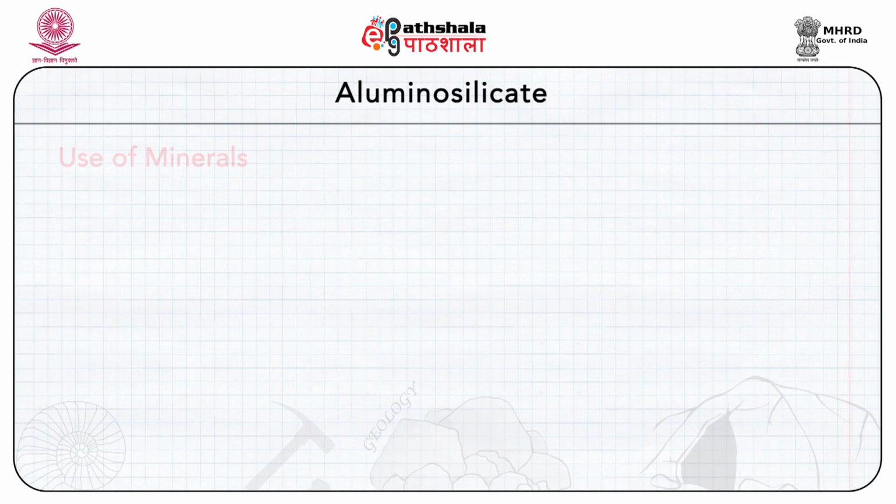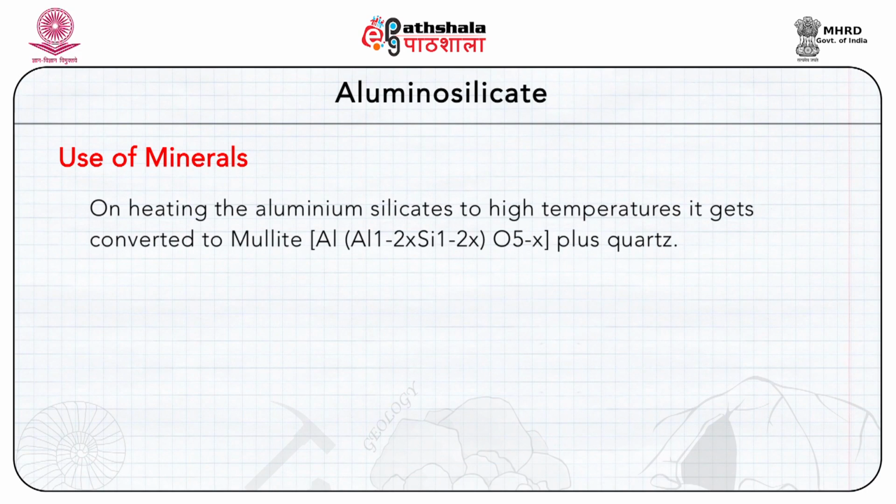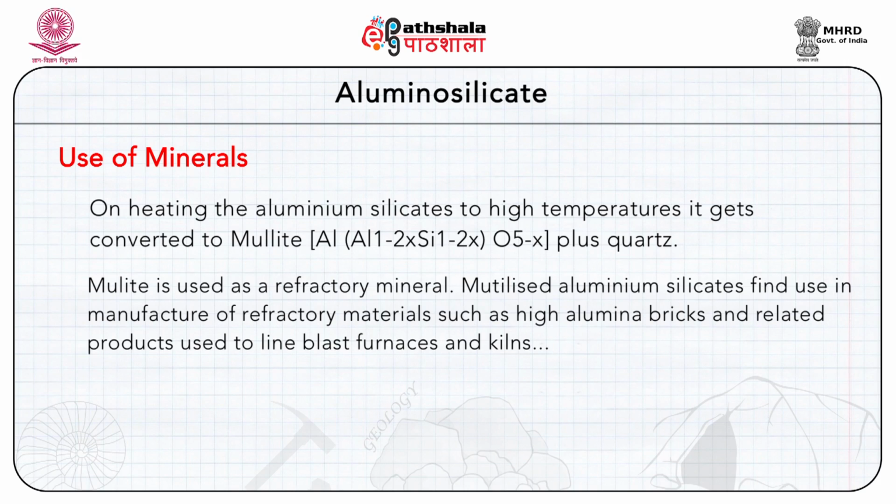Now, we will discuss the use of these minerals. On heating the aluminum silicates to high temperatures, they get converted to mullite plus quartz. Mullite is used as a refractory mineral.